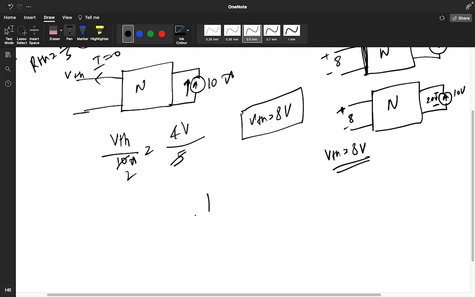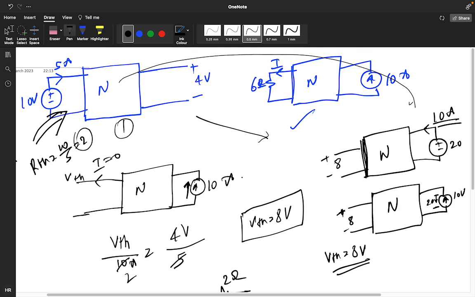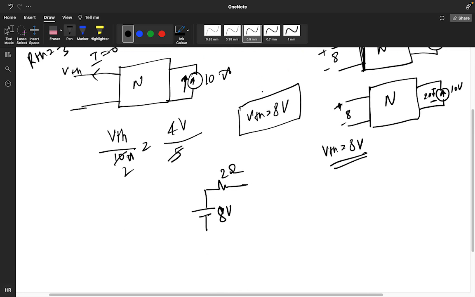So you know the positive negative 8 volt, you know the RTH value as 2 ohm, and you need to know the current across the 6 ohm resistor. So you will connect the 6 ohm resistor. So what is the current? 8 divided by 8, 1 ampere.